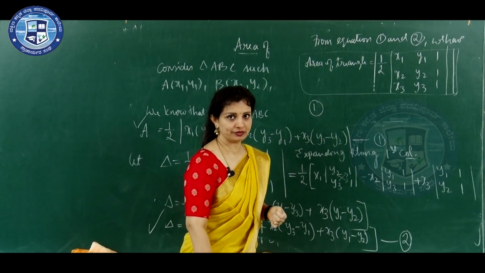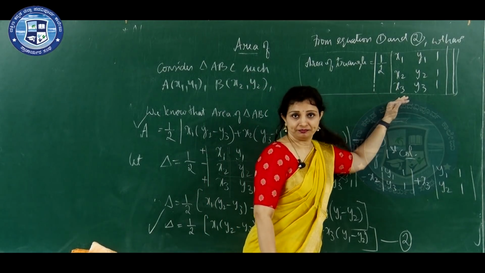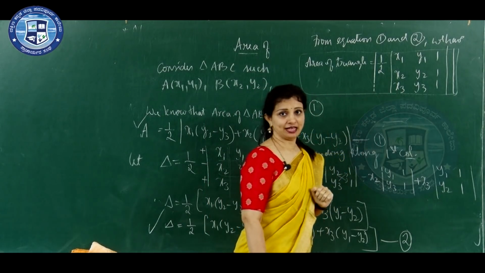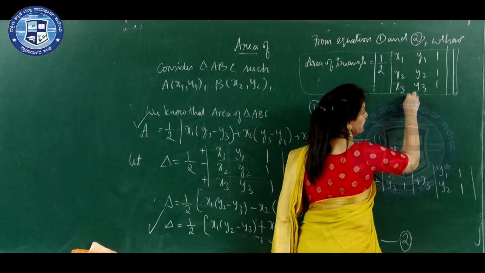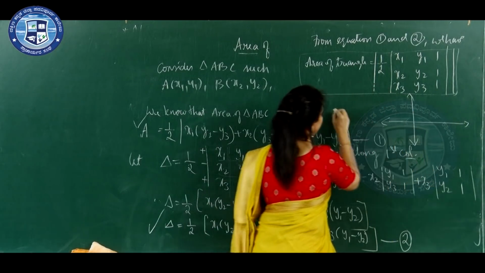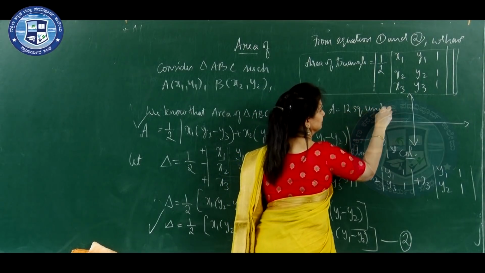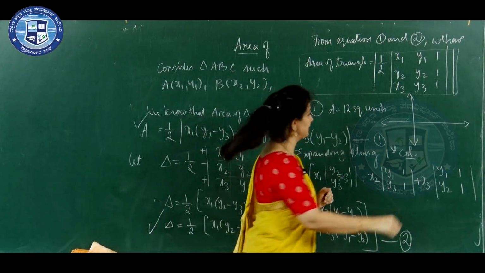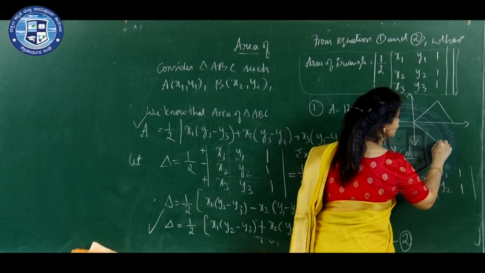The second point is, if the area of a triangle is given, look at this. Suppose the area of the triangle is given as 12 square units. See, the triangle can be drawn like this or this way also.